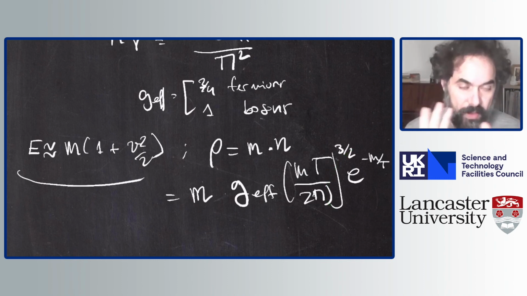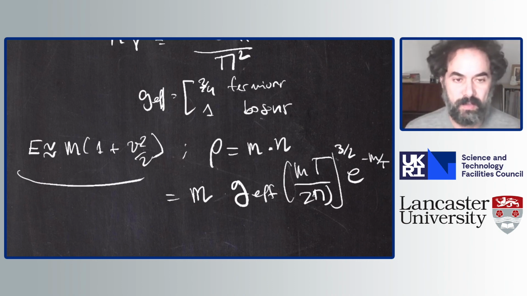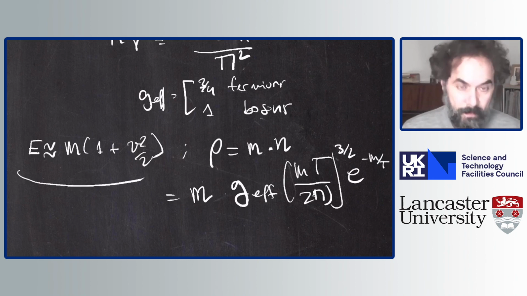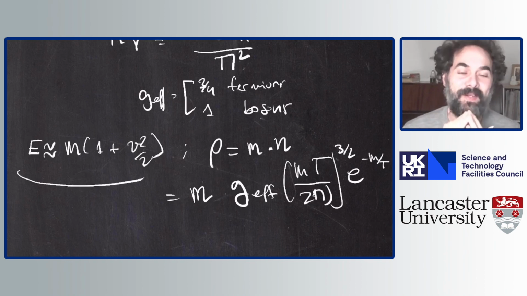So remember that all this is in equilibrium. We are assuming that there is an equilibrium configuration in the early universe. If the mass is much bigger than T, it is very hard for these particles to be produced out of the bath. So it's very easy for them to decay, but very hard to be formed. So they're going to be exponentially suppressed.